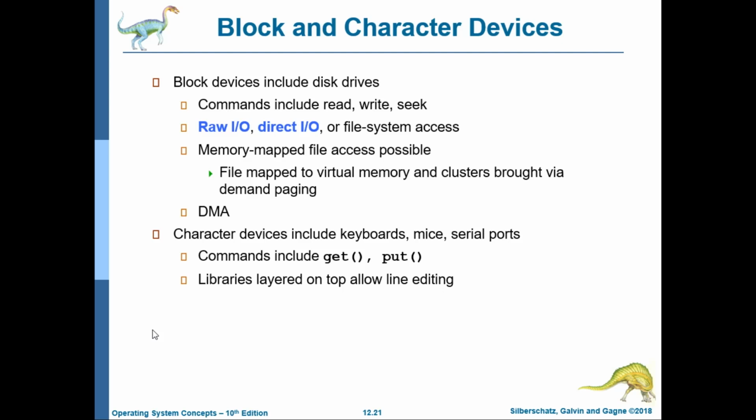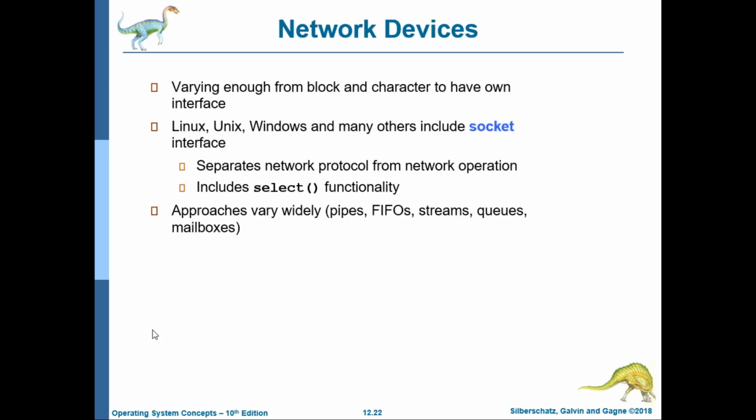Character devices include, of course, as we have mentioned, keyboards, mice, and serial ports. Commands include get and put system calls, and libraries layered on top allow line editing. Next, we have network devices. They vary enough from block and character devices to have their own interface.